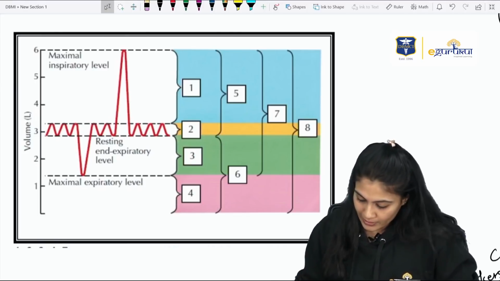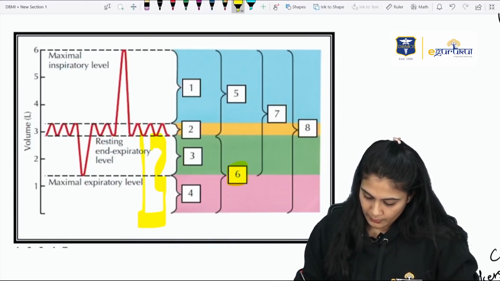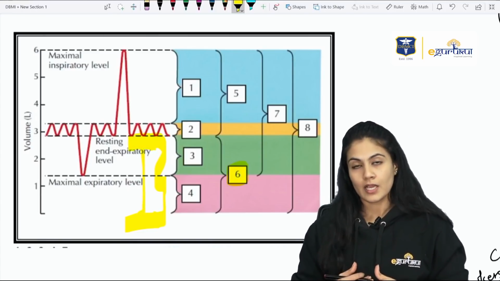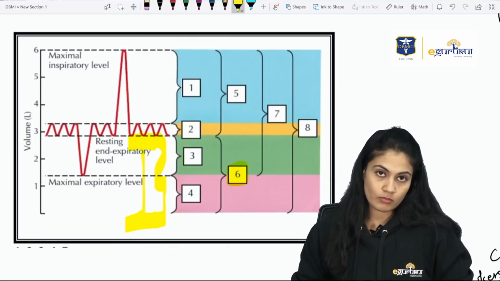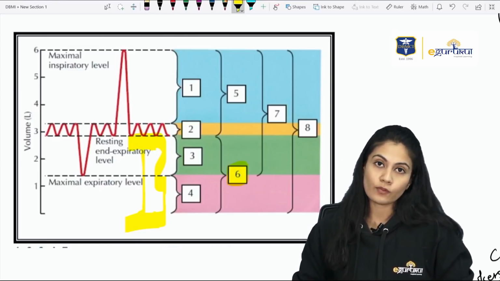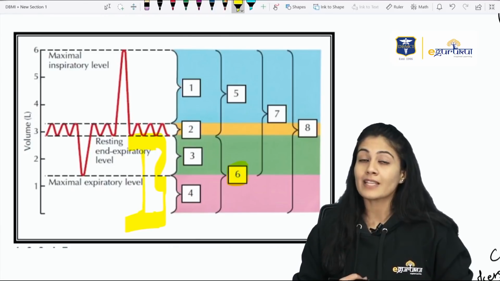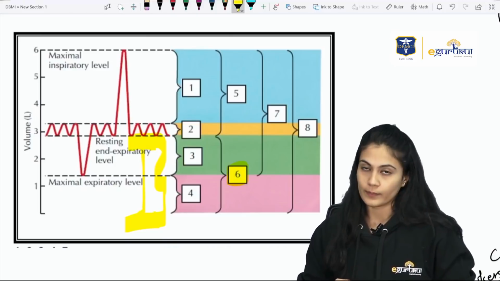An important capacity over here is number 6, the FRC value. That means whatever air remains inside the lung after expiration without any force, in the resting condition. That is nothing but the RV plus ERV.